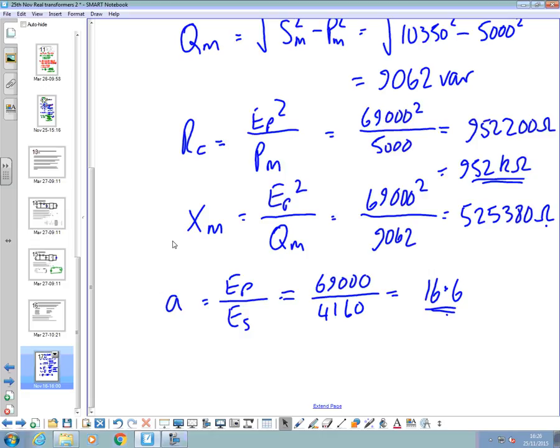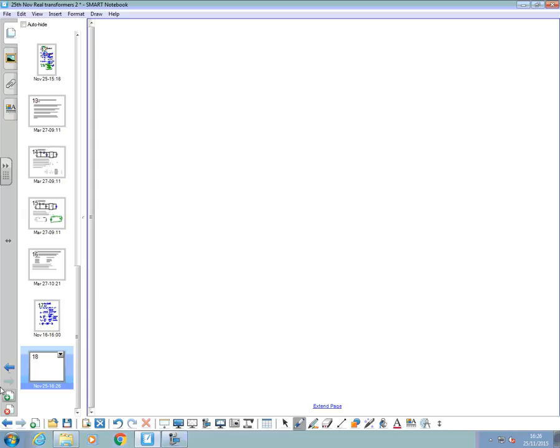And the only bit from there we actually need in the second part of the analysis for on load, we need to make a note of 16.6.